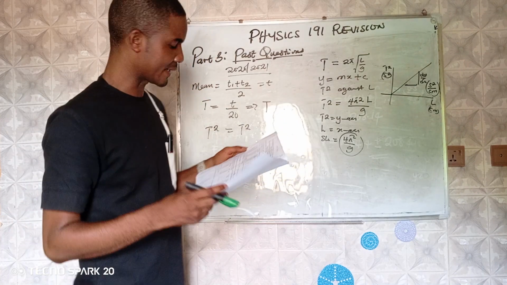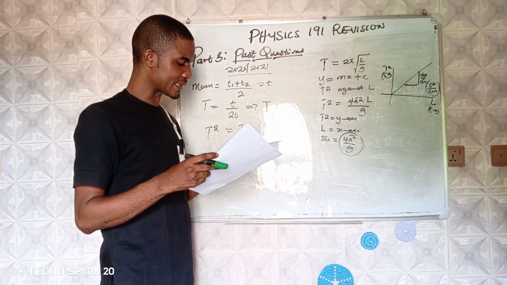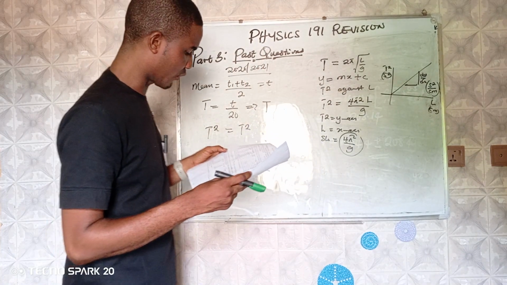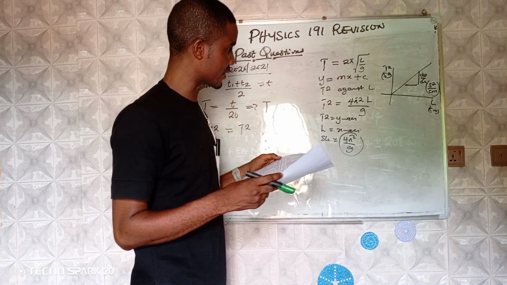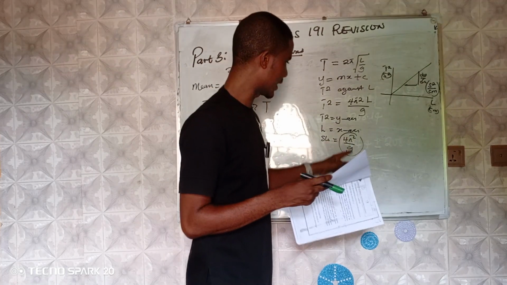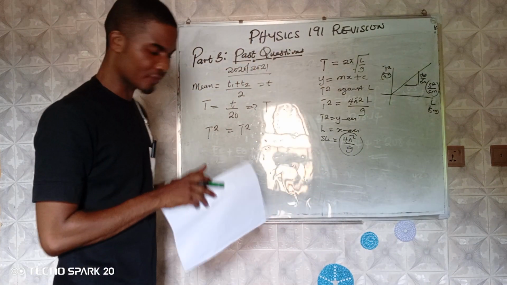Calculate the slope from the graph. It says, given the expression T squared equals 4 pi squared over g times L, if 4 pi squared over g is equal to the slope, determine the value of g.